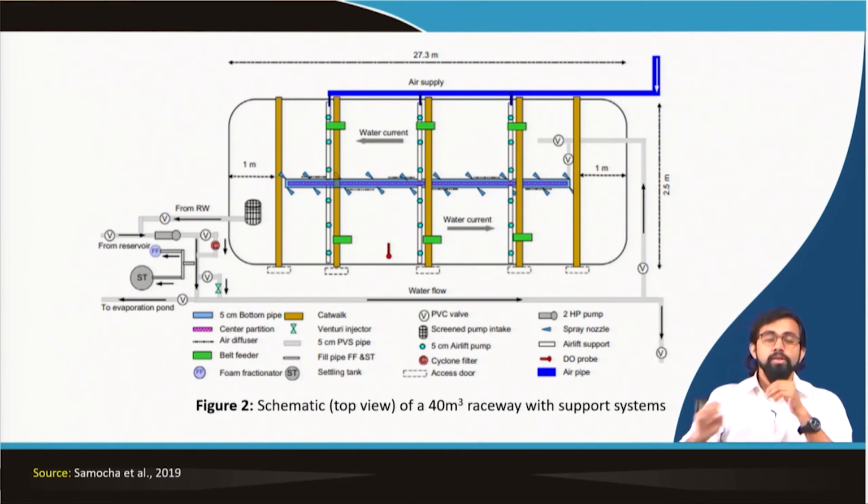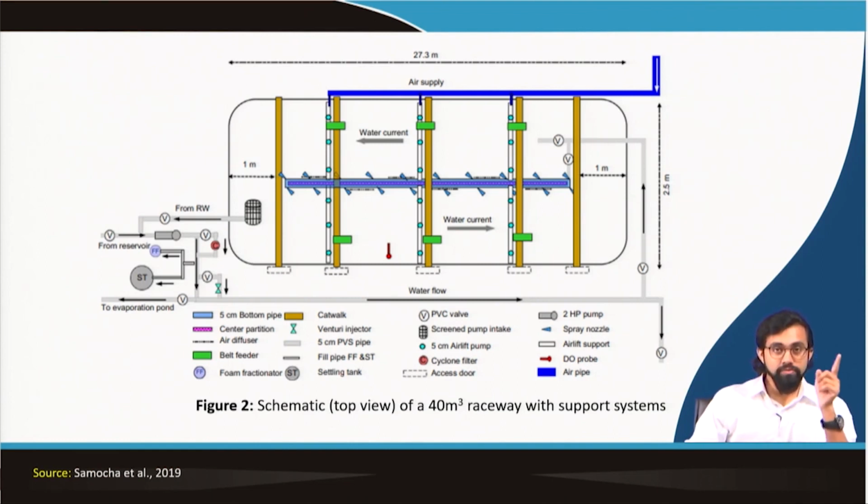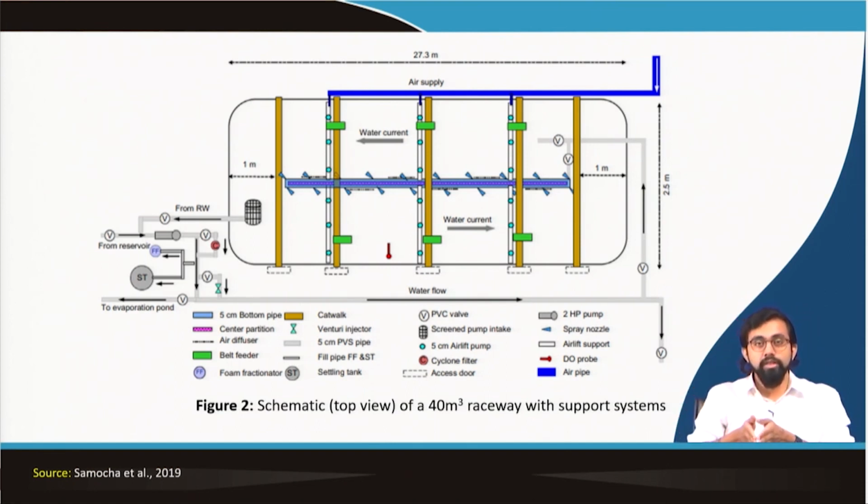Okay. So you can see the air supply line in deep blue color, which is provided into these 3 different channels. In these 3 main lines, this is nothing but the airlift support and the airlift pump. Inside, these small green dots are where the airlift support is provided in the main line.